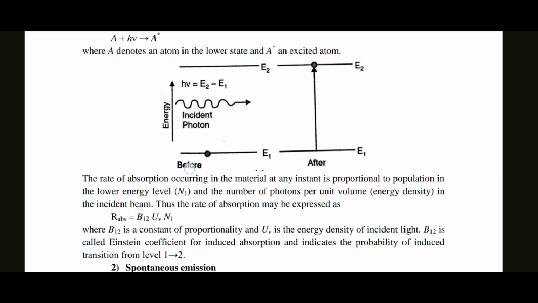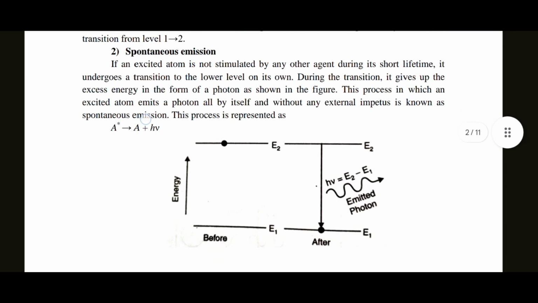Thus, the rate of absorption may be expressed as R abs equals B12 U nu N1, where B12 is a constant of proportionality and U nu is the energy density of incident light. B12 is called the Einstein coefficient for induced absorption and indicates the probability of induced transition from 1 to 2.